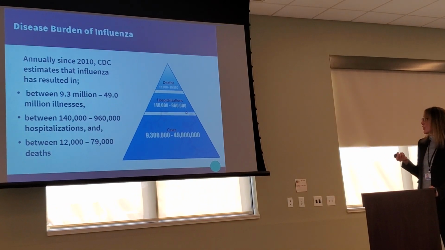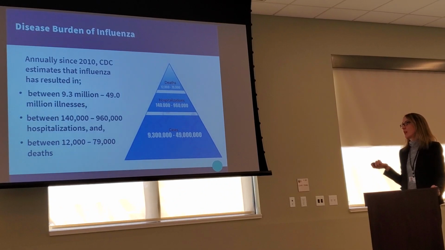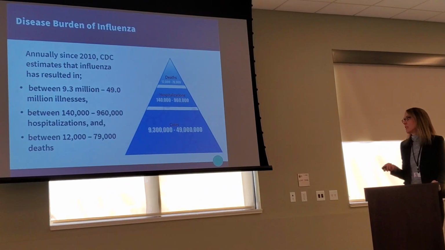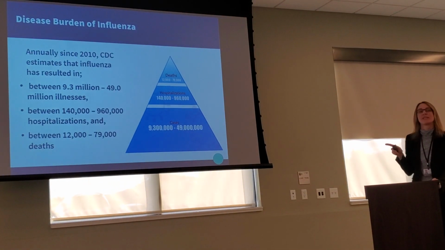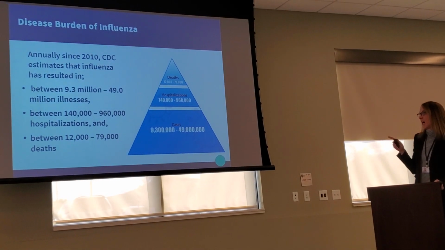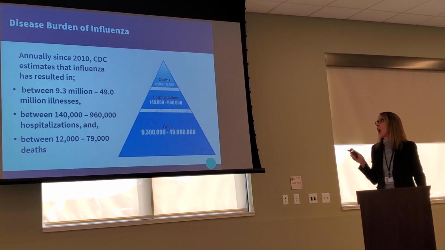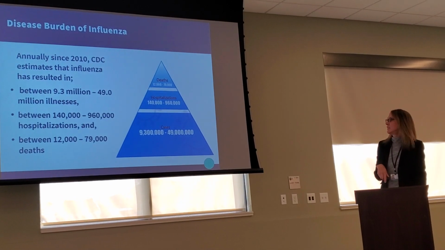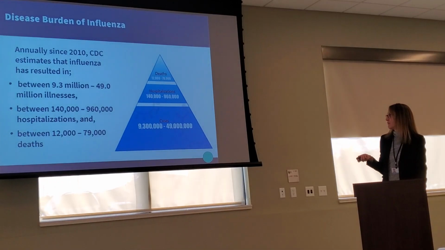The disease burden of flu is actually pretty significant. Annually since 2010, the Centers for Disease Control estimates that influenza results in between 9.3 million and 49 million illnesses, so people who are sick for a week and miss work, and between 140,000 and 960,000 hospitalizations, so those are people who had to go to the hospital, and between 12,000 and 79,000 deaths.